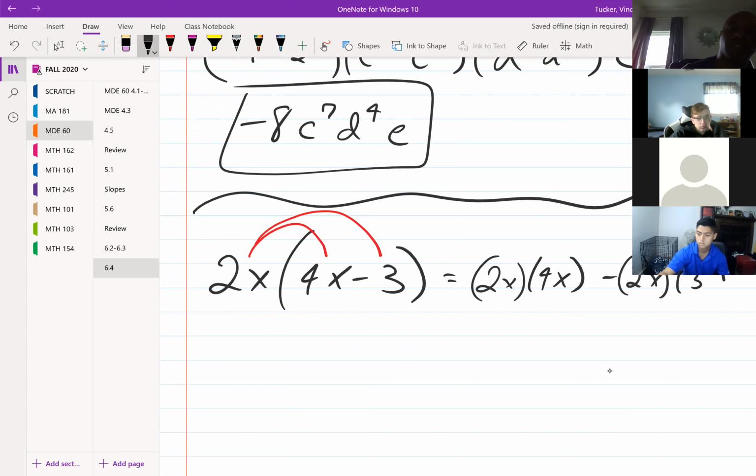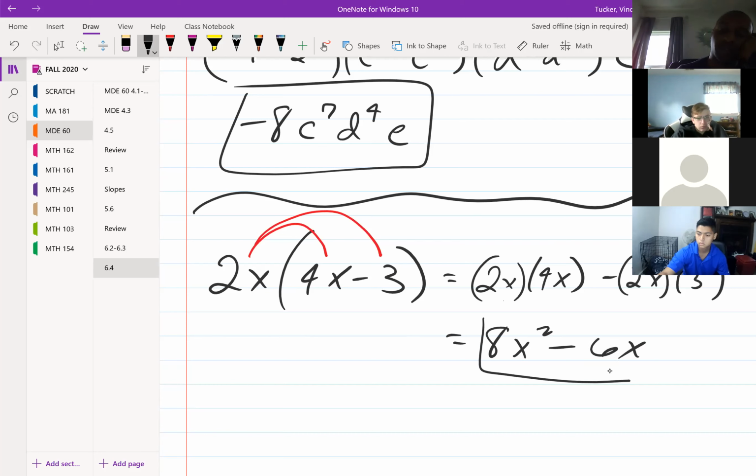But of course, you don't necessarily have to write this out as you continue to progress throughout the section. But it's 2x times 4x. So that's going to be 8x squared, adding your exponents. And then 2x times 3 is going to be 6x. And that will be it.